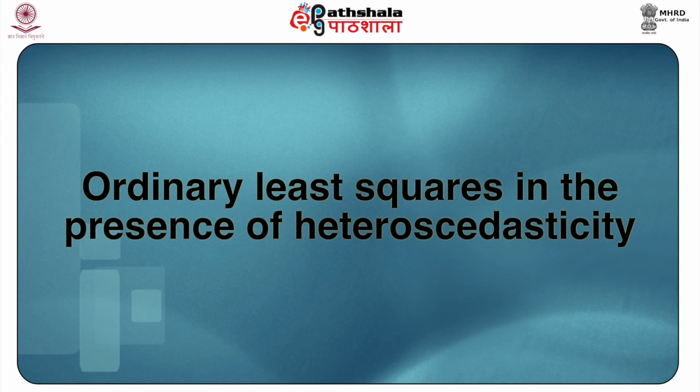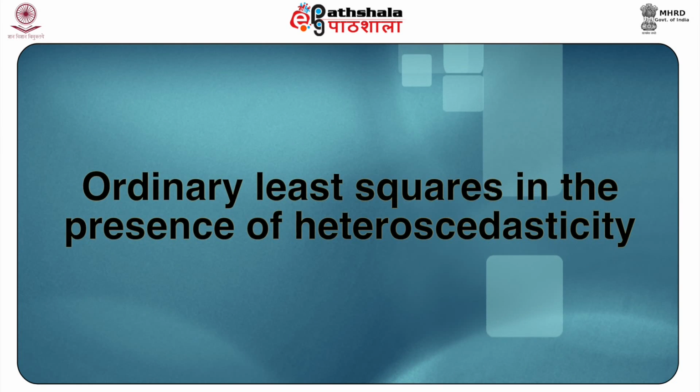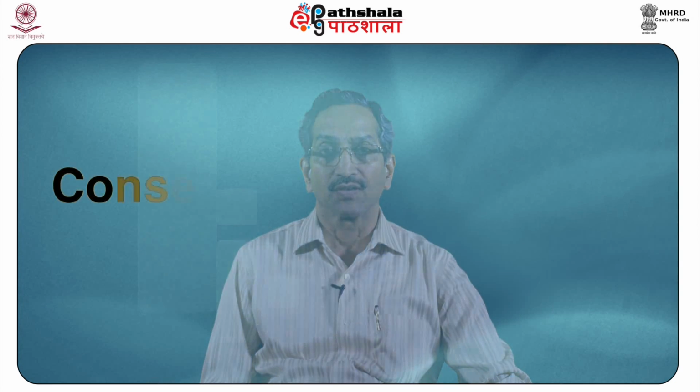Now let us try to understand ordinary least squares in the presence of heteroscedasticity. If the error terms in a k-variable regression model are heteroscedastic and ordinary least squares is still used as the estimation procedure, then there are serious consequences for estimation, interpretation, and statistical inference.